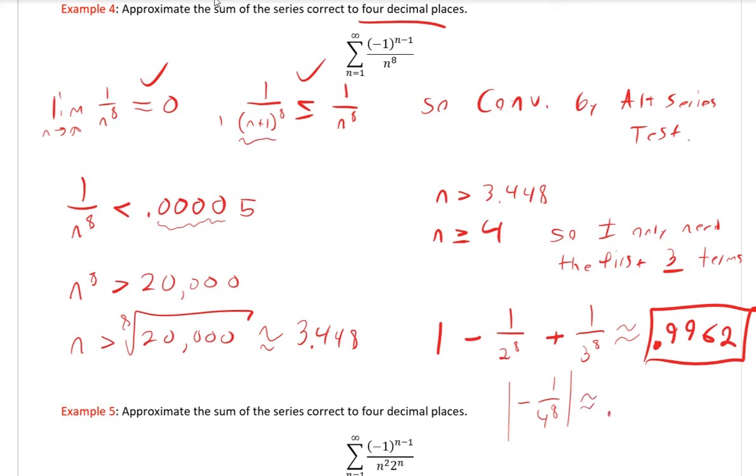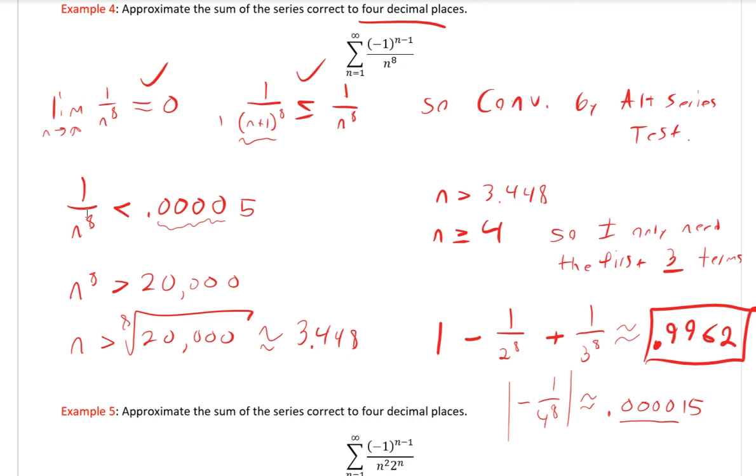So this is about 0.000015. Meaning that even if I subtracted this away, it's not going to influence the first 4 decimal places at all. They're all going to stay the same.